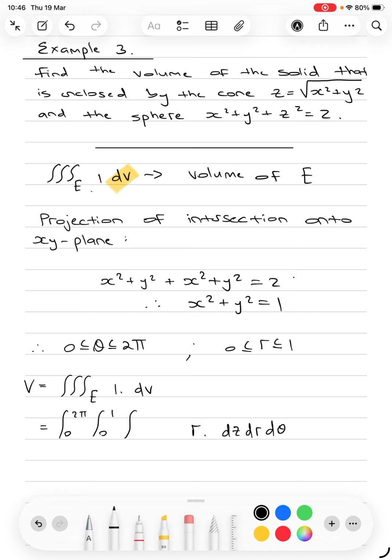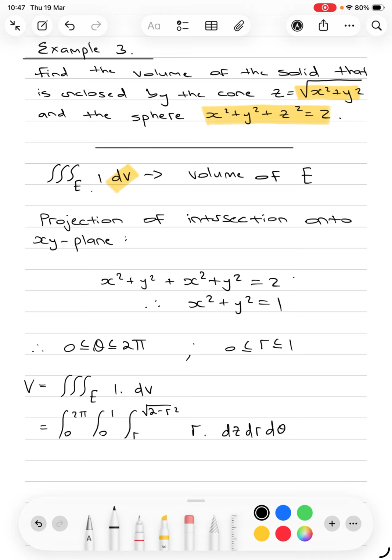Now, which z limits am I subbing in? So it's the lower surface expressed in polar coordinates, of course. So that's the cone. And then the upper surface, so solving for z from the sphere in terms of polar coordinates takes us to that expression.